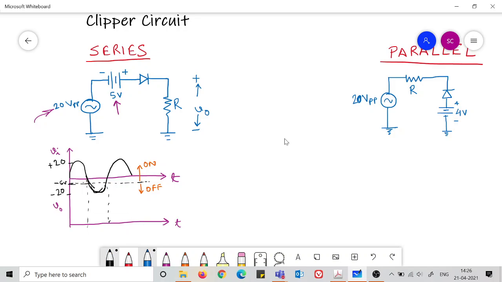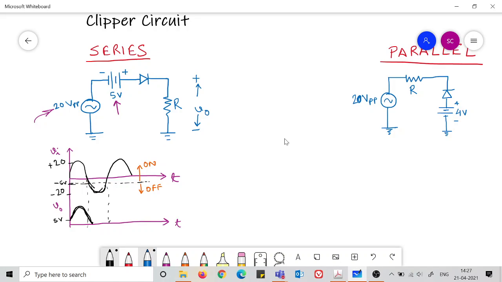So you are having this minus 5 volt as a 0 level, and with this 0 level you can redraw this input voltage in the on region. So you will have something like this. This is 5 volt.